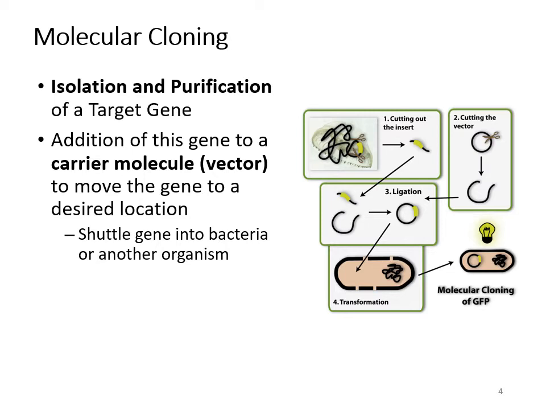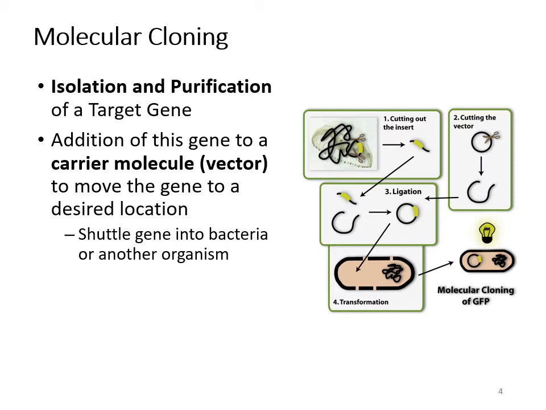So when you're going to use recombinant DNA technology, or basically genetic engineering, a lot of times we call it molecular cloning. And what you have to do is you cut a target gene out of a genome, and then you cut a vector with the same nuclease, the same enzyme.